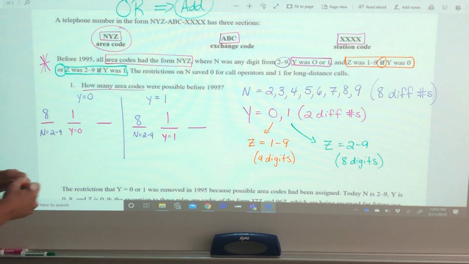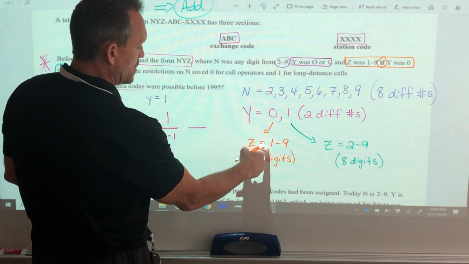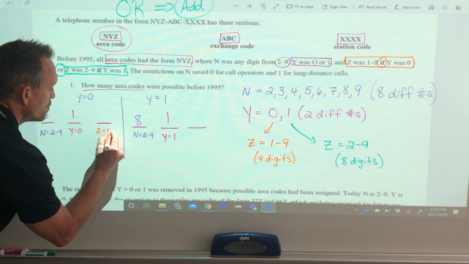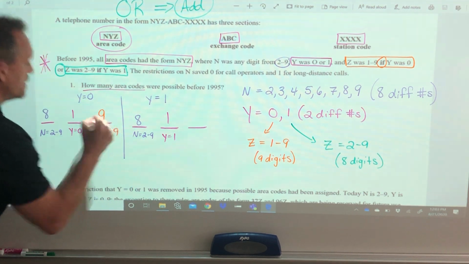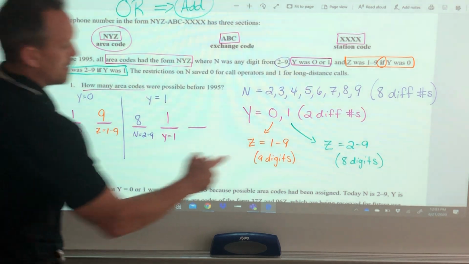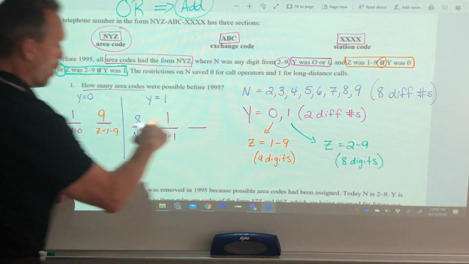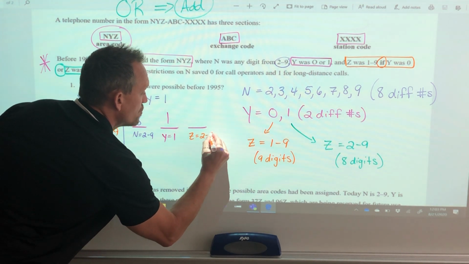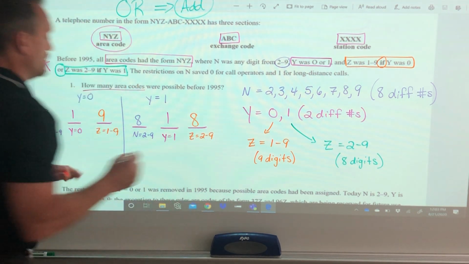What changes is when my Y equals 0, my Z equals 1 through 9, or is 9 digits. And if my Y is 1, then my Z equals 2 through 9, or is 8 digits.